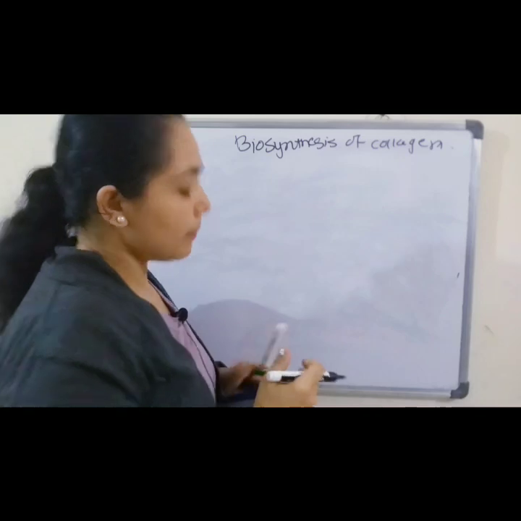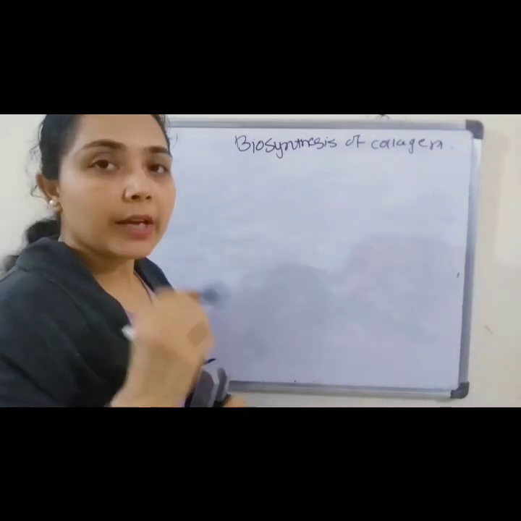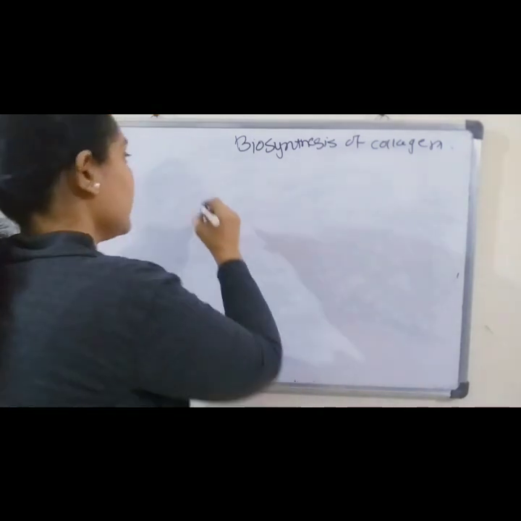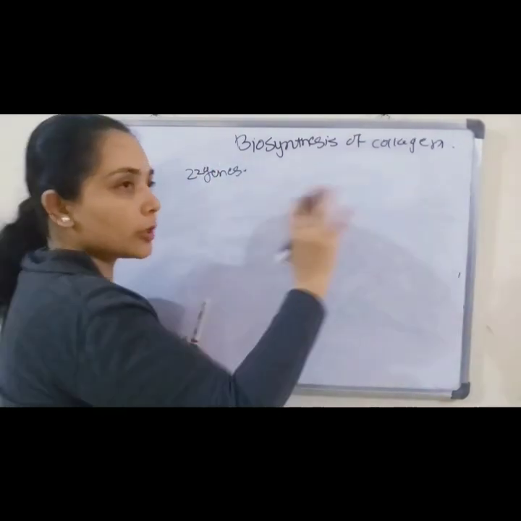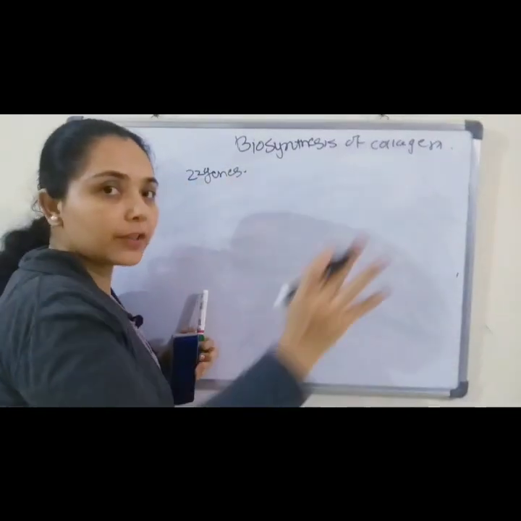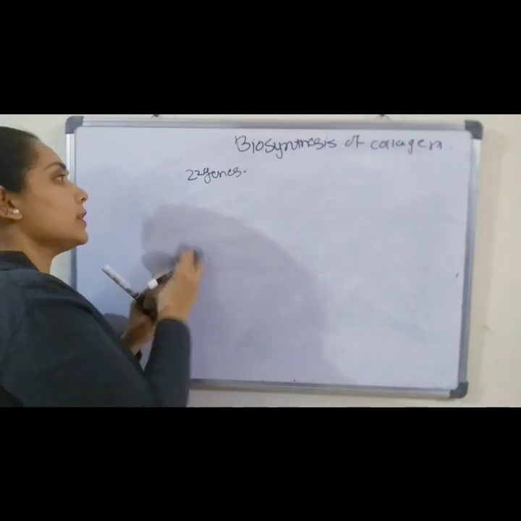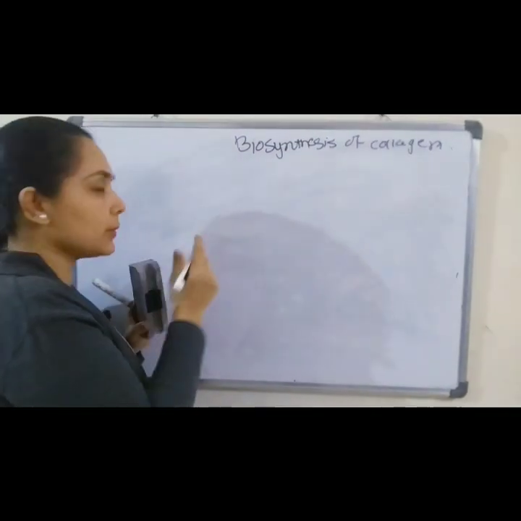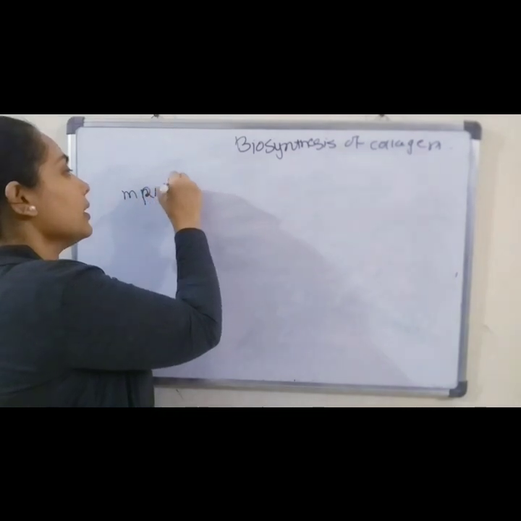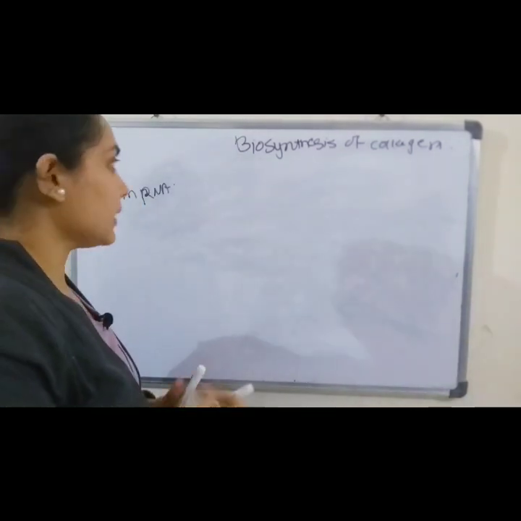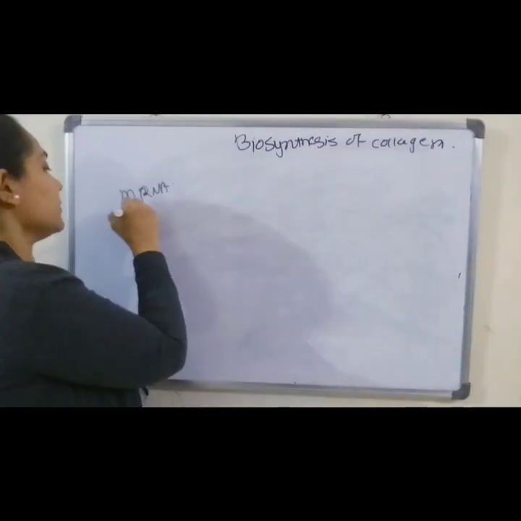Now we will see the biosynthesis of collagens. There are around 22 genes responsible for collagen synthesis, hence we have different types of collagens. First, like any other process, transcription: mRNA will be formed by transcription in the nucleus.